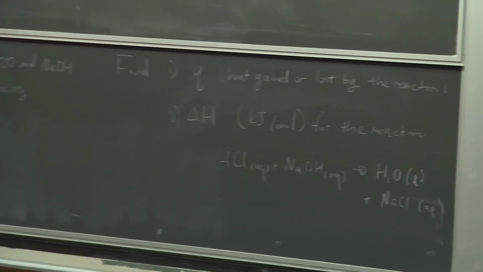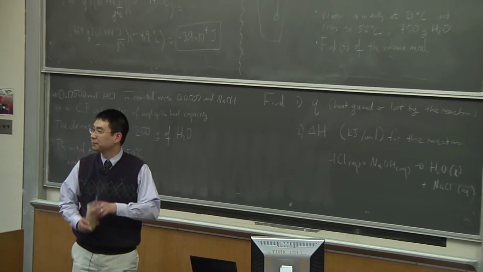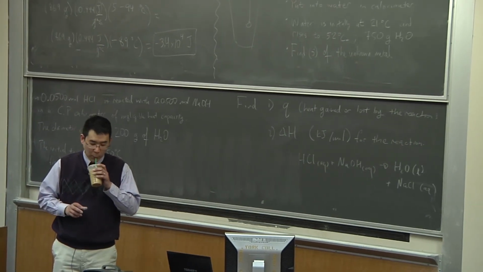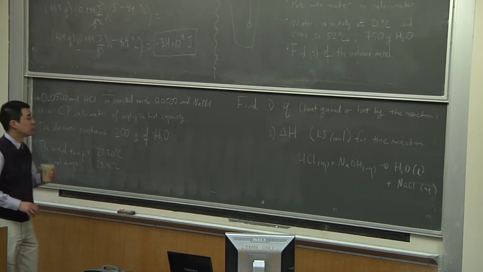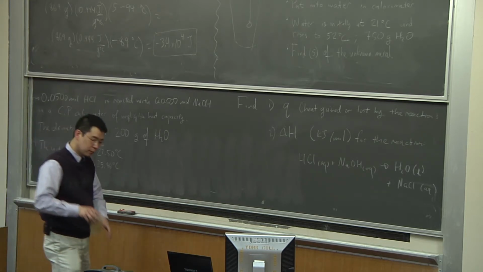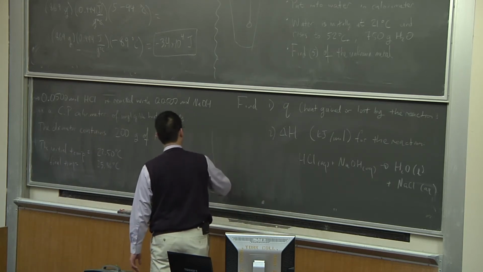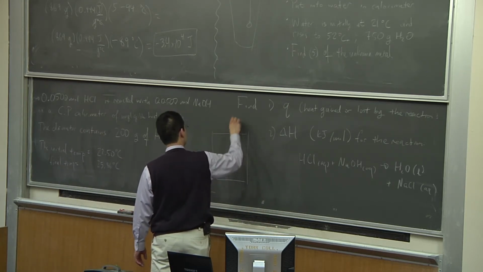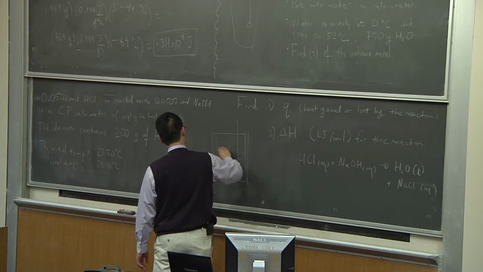All right. You want problems? We got problems. Here's the problem. It's actually out of your book. Here's your constant pressure calorimeter with your thermometer. And here's water. And in the water, you have NaOH and HCl.